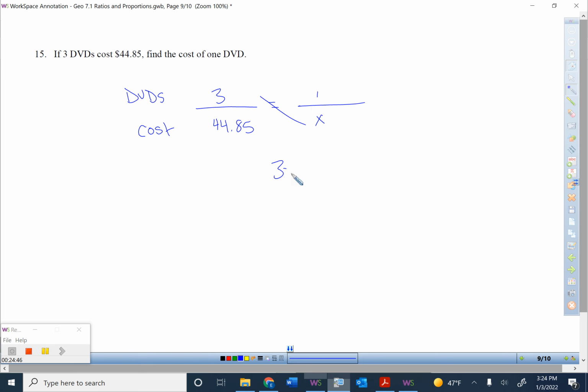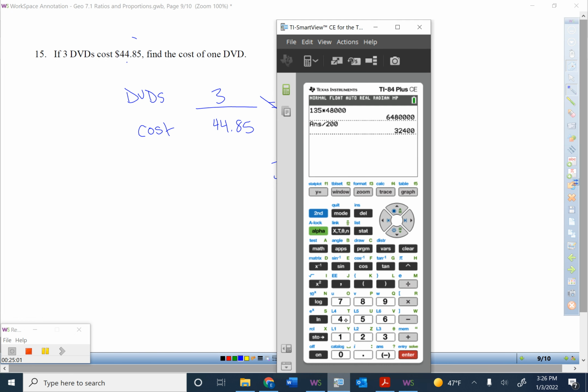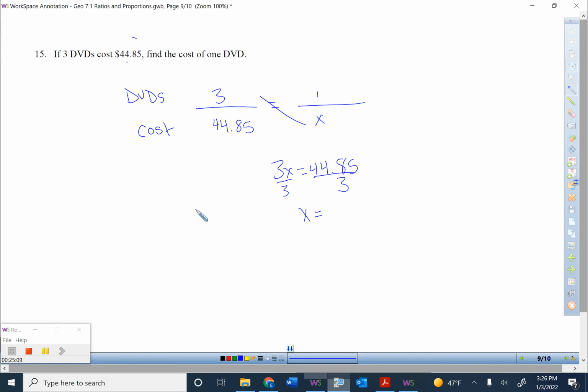So we've got 3x equals 44.85. Okay, a lot of us would have said if 3 costs this, we just have to divide that by 3. That's what this math says, divide that by 3. Okay, so that's showing you that proportion does really the same thing there for you. 44.85 divided by 3 gives us a cost of $14.95 for a DVD.